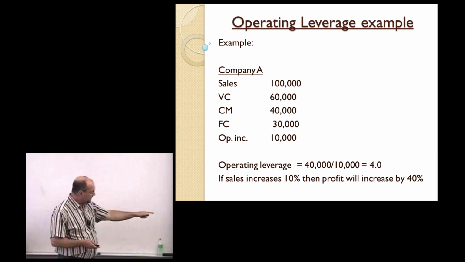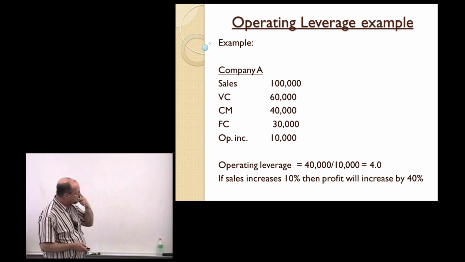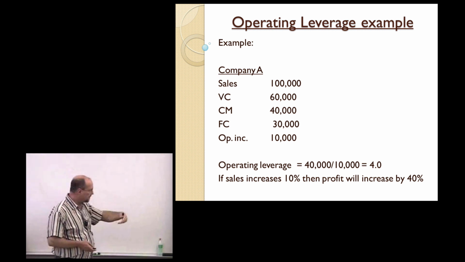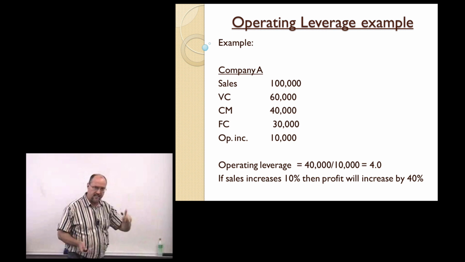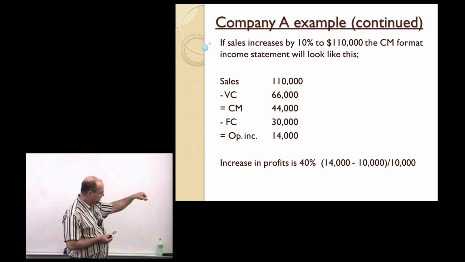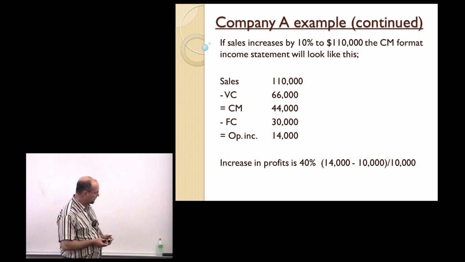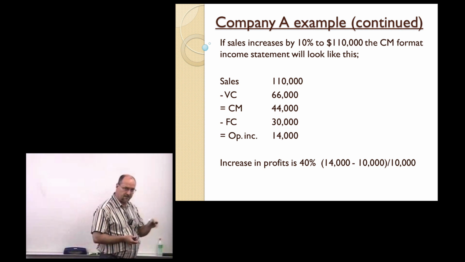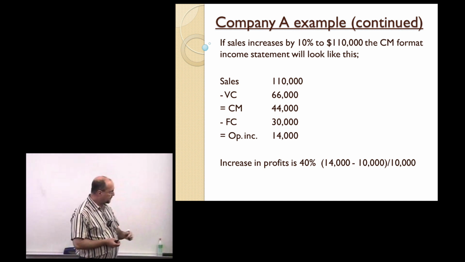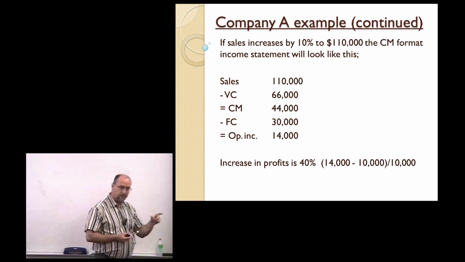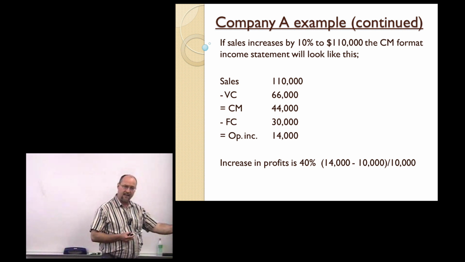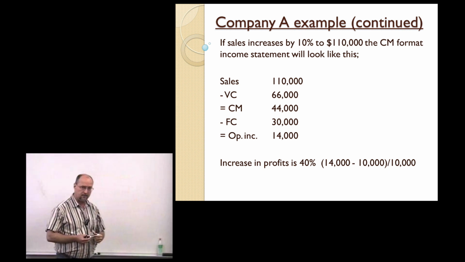So let's go ahead and plug that in. If sales increase by 10%, variable cost goes up by 10%, contribution margin goes up by 10%, and fixed cost does not change. That's the key here. So 110,000 minus 66,000, contribution margin is 44,000. Fixed costs do not change, they're fixed. Operating income is now 14,000. This year operating income is 14,000, last year was 10,000, that's a $4,000 increase.